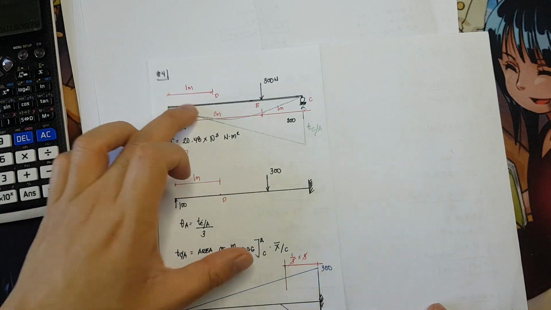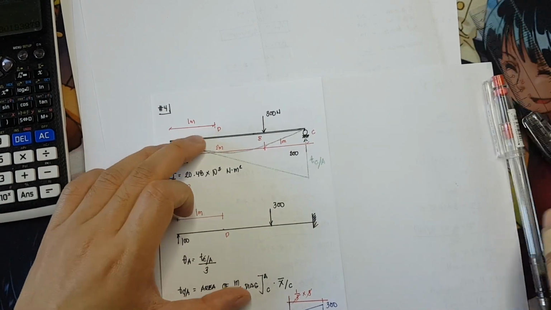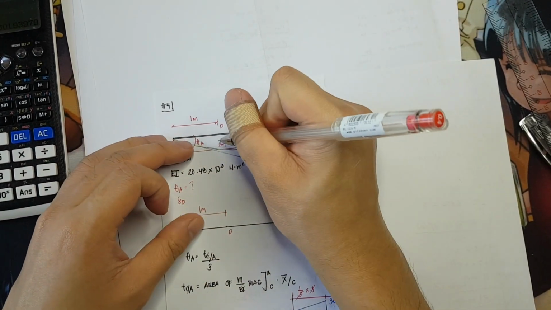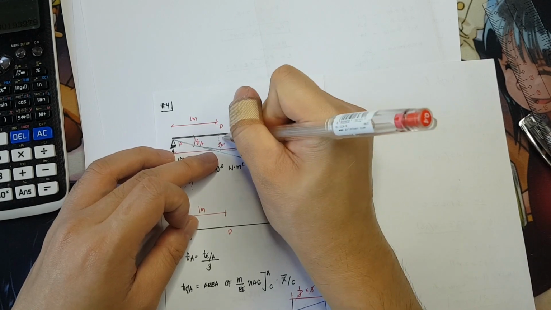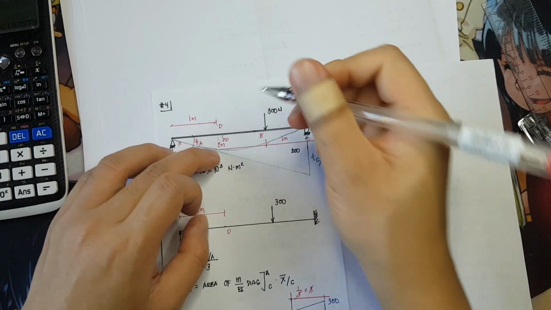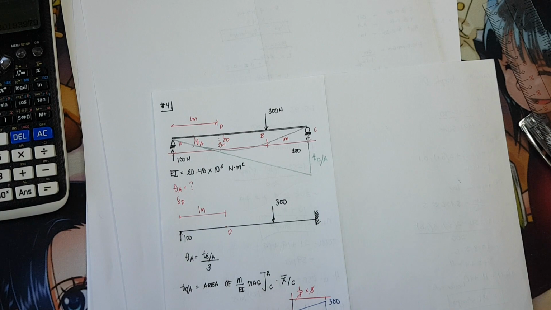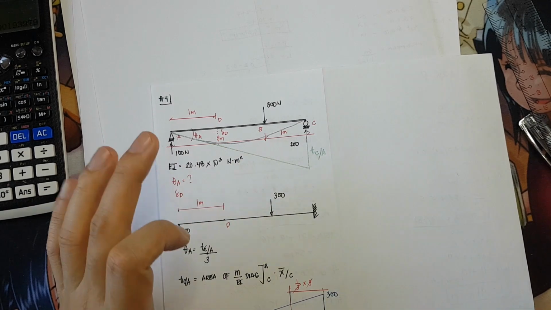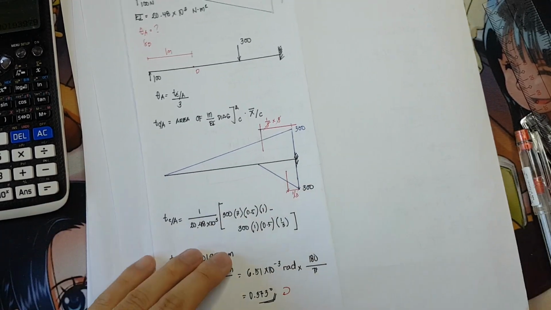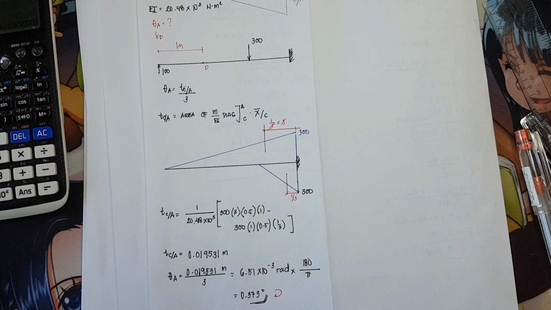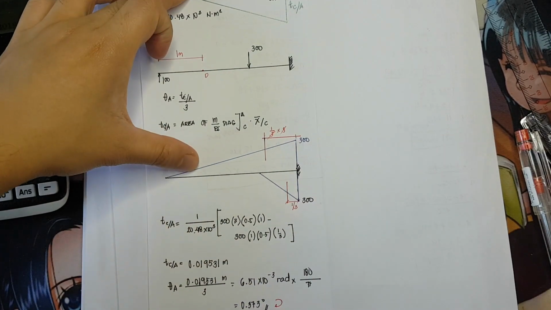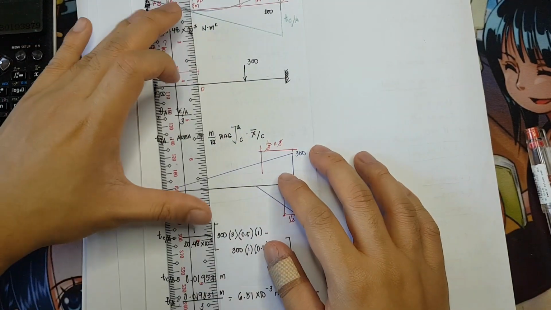Next, we need to determine the deformation at B. So here, we need to determine the deflection or the deformation at D. So the displacement at D is simply the area of D for the moment diagram.